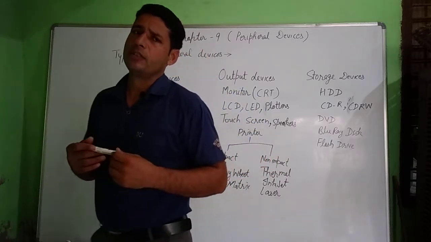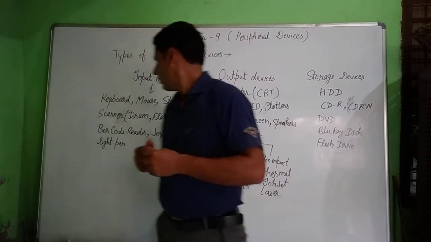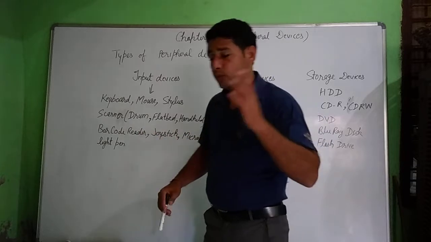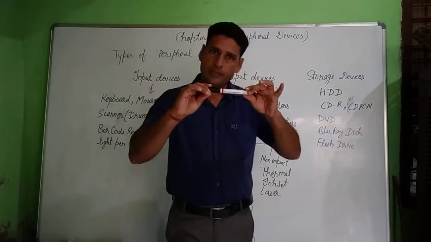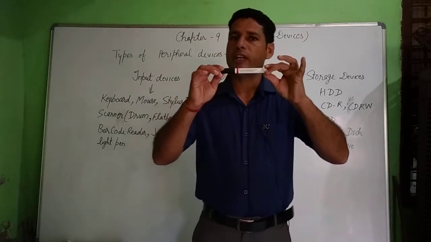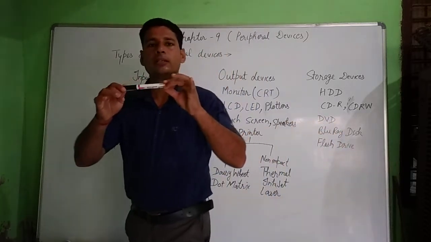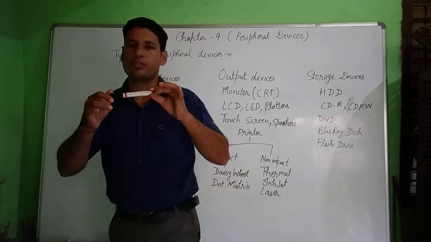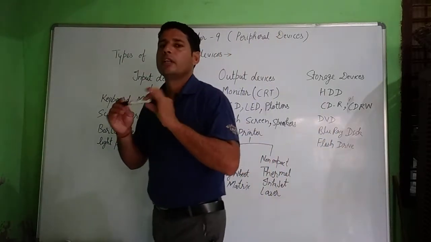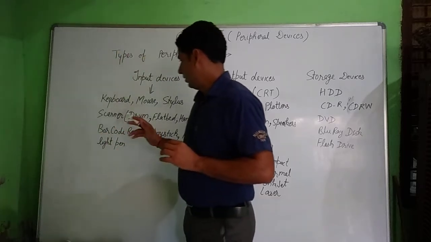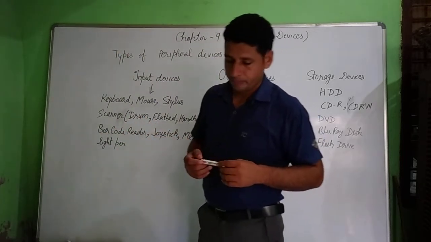Scanners are basically of three types. One is the drum scanner, which was used earlier. The drum scanner has a drum and it rotates. When the drum rotates, it captures the images from the pages and then stores them in your computer. Next we have the flatbed.